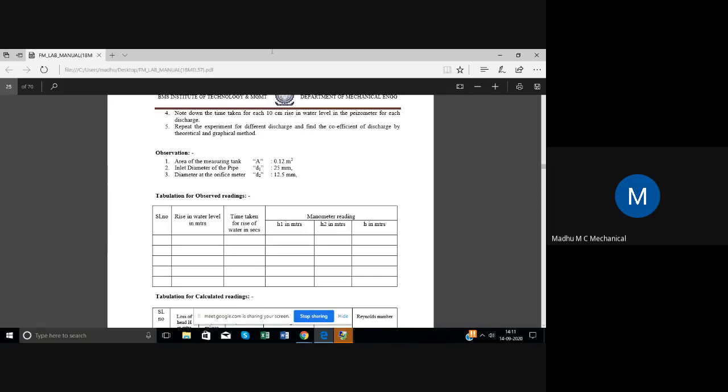Note down the area of the measuring tank, inlet diameter of the pipe, diameter of orifice. Note down everything. Note down these 3 observations, 1, 2, and 3 observation, and note down this tabular column.